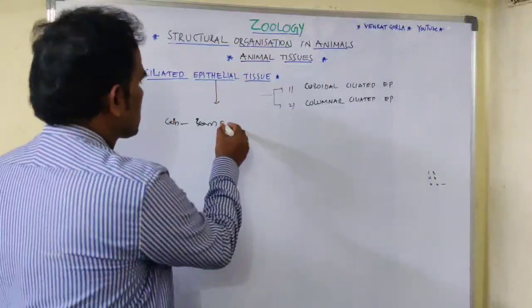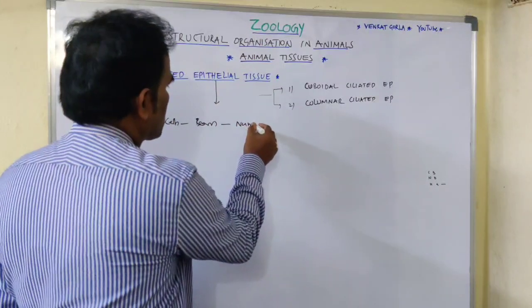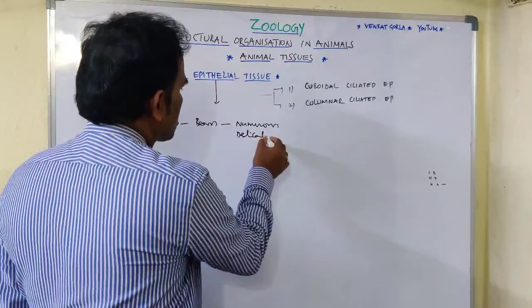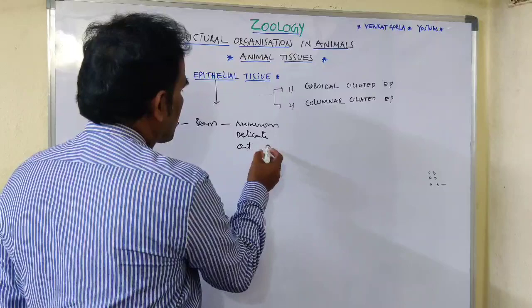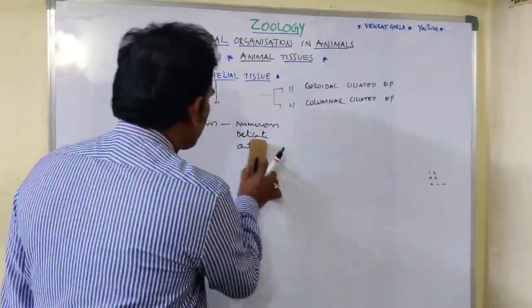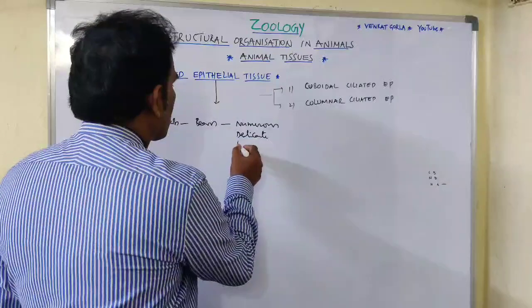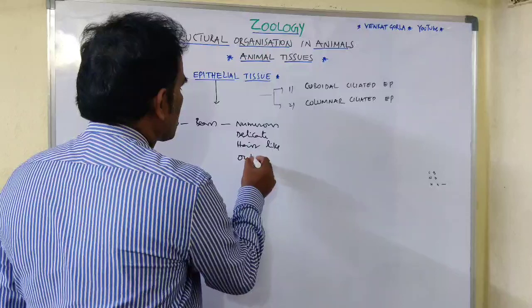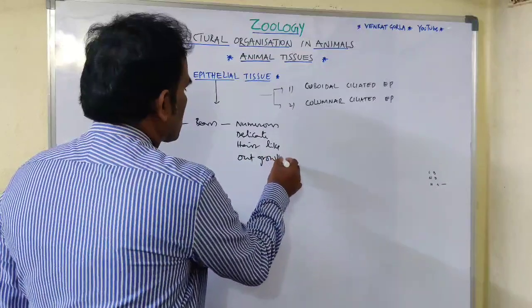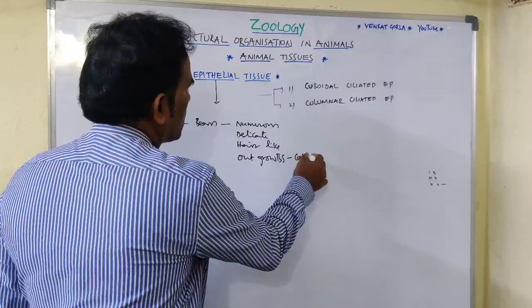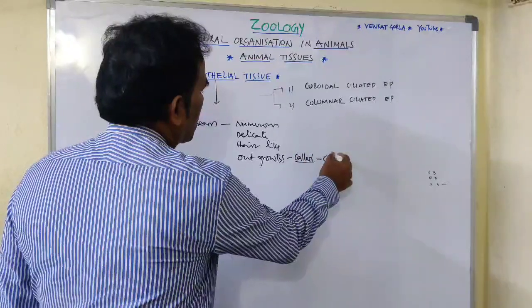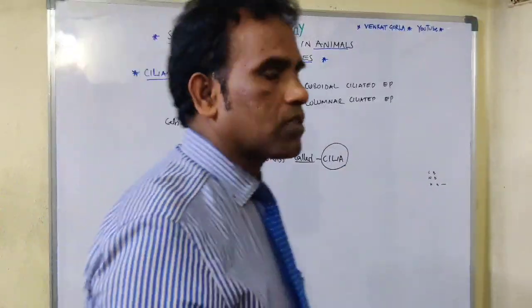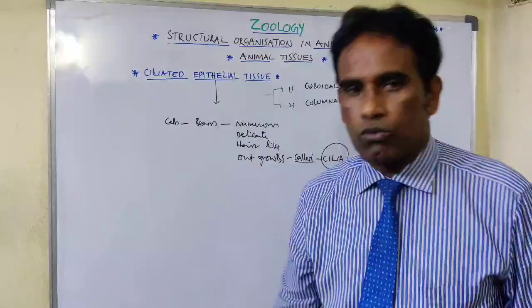The ciliated epithelium is mainly made of cells that bear numerous delicate, finger-like, hair-like outgrowths called cilia.